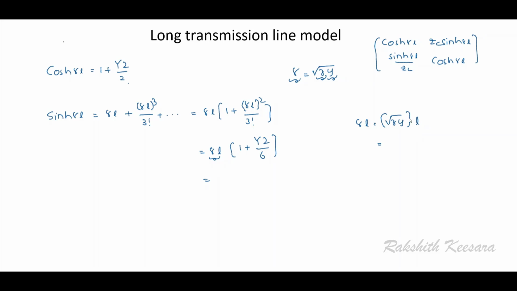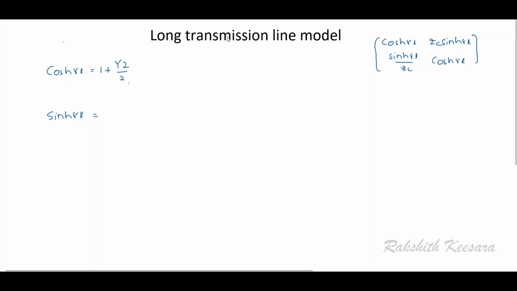So here, if I bring this term l inside, this will become root over ZL into YL. Now this is our total impedance and admittance. Here it is impedance per kilometer and admittance per kilometer. Okay? Next, I can write this as root over YZ into 1 plus YZ by 6.